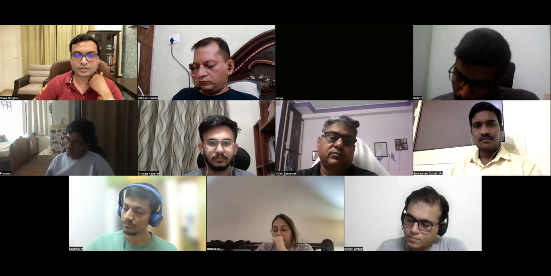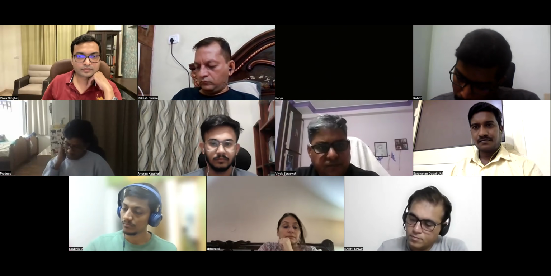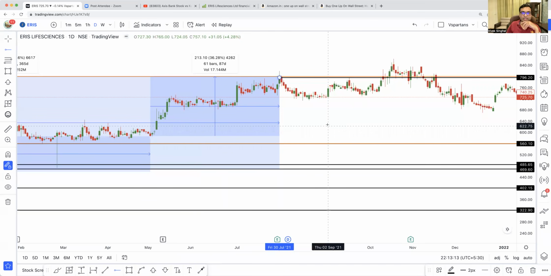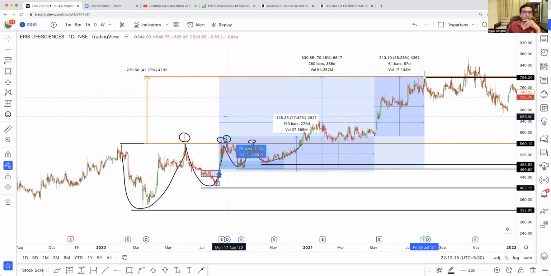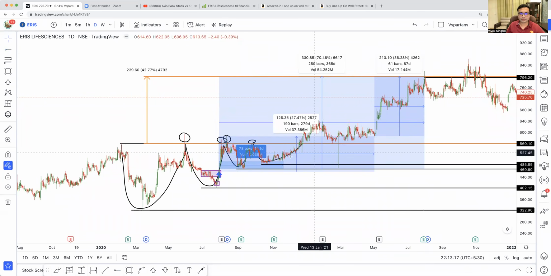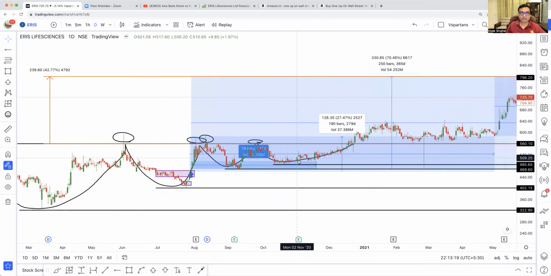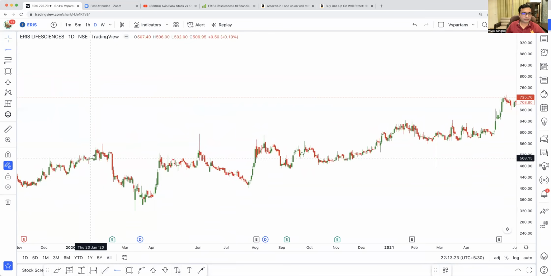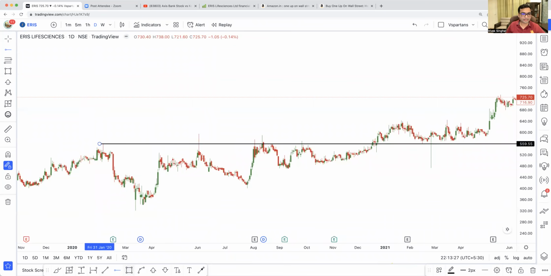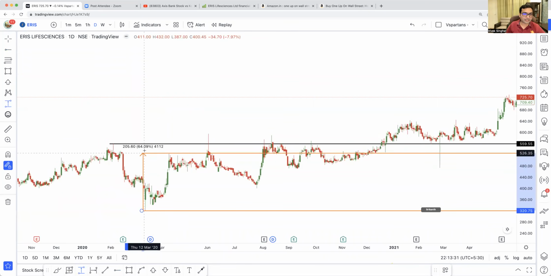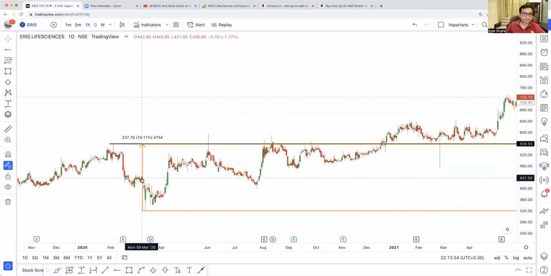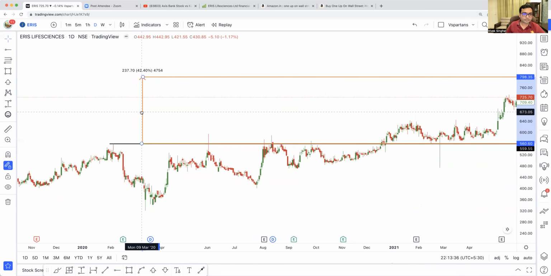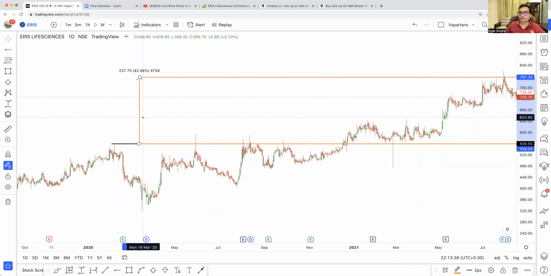Right? So for example, if we take the same example here, and we plot the same neckline and we measure the technical target, right?